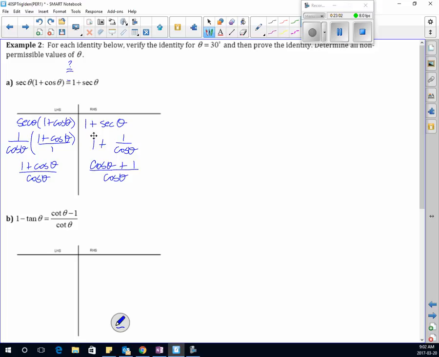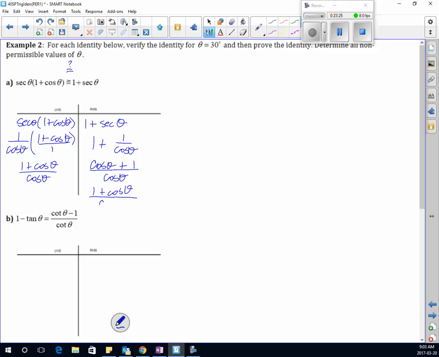So now are they the same? Yeah, I just said the next step is to either rewrite the left side or rewrite the right side. You can't leave it like this and say they're the same. So 1 plus cos theta over cos theta. In your head you're like, oh, they're kind of the same. Remember, anything you think in your head you have to write down.